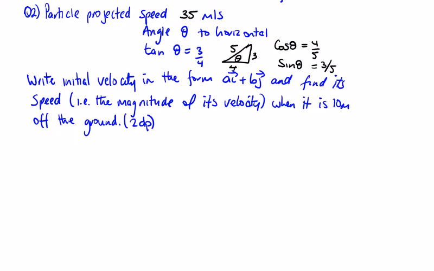Write the initial velocity in the form ai plus bj and find its speed, and you're told to find the magnitude of its velocity when it's 10 meters off the ground, correct to 2 decimal places.